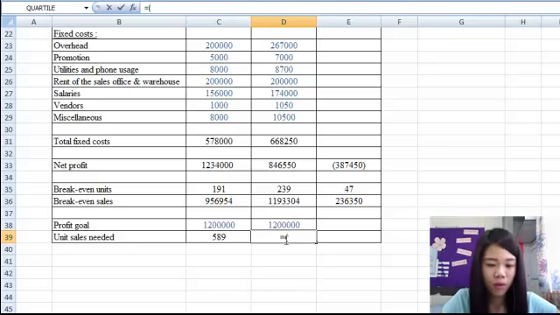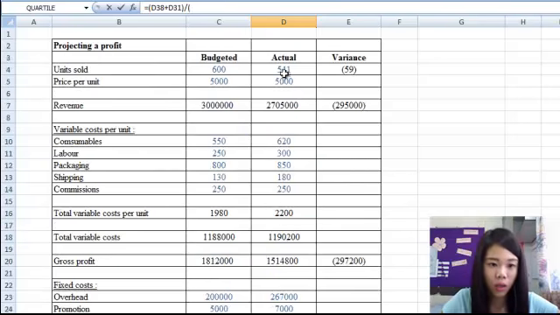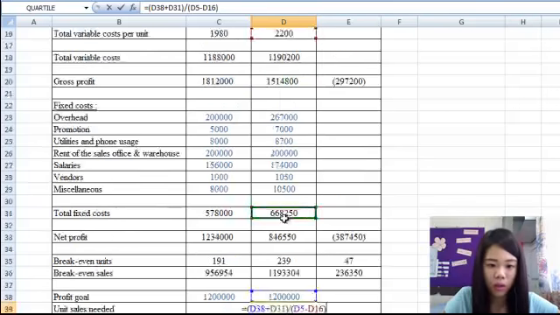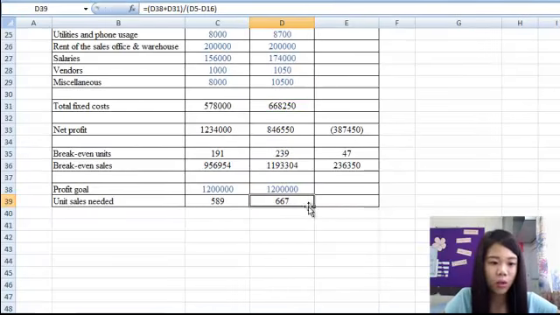For the actual production, we also use the same formula: profit goal plus total fixed cost divided by price per unit minus total variable cost per unit. So this is the unit sales needed for United to sell to meet the targeted net profit of 1.2 million.